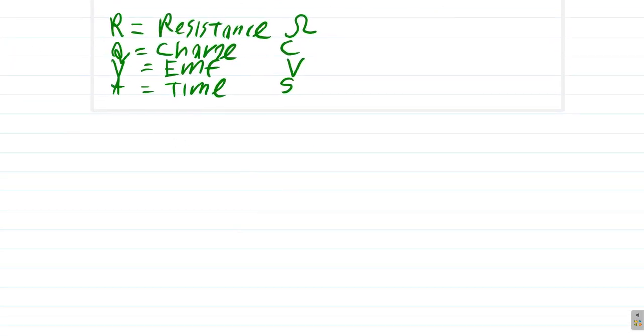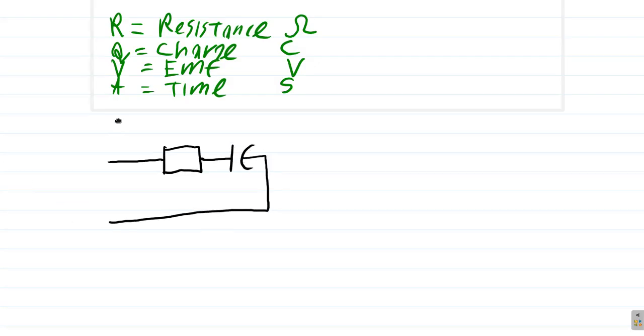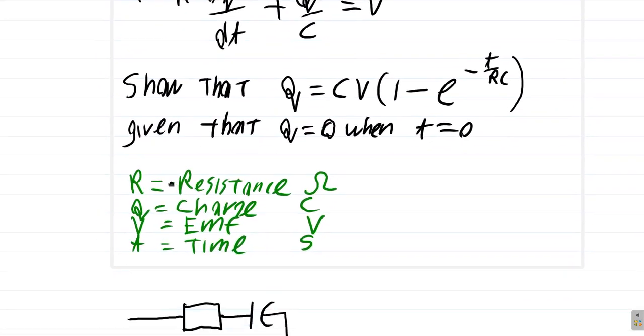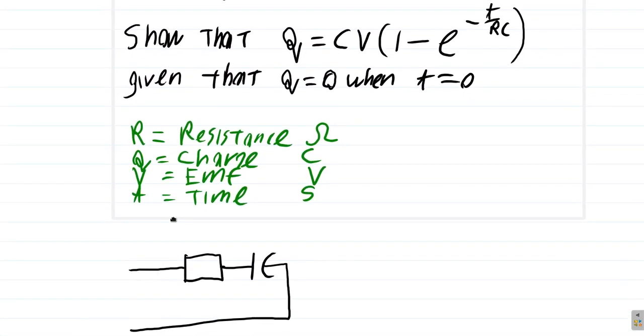Now, this really is the formula that governs an RC circuit: resistor, capacitor circuit. That's the formula that governs it.